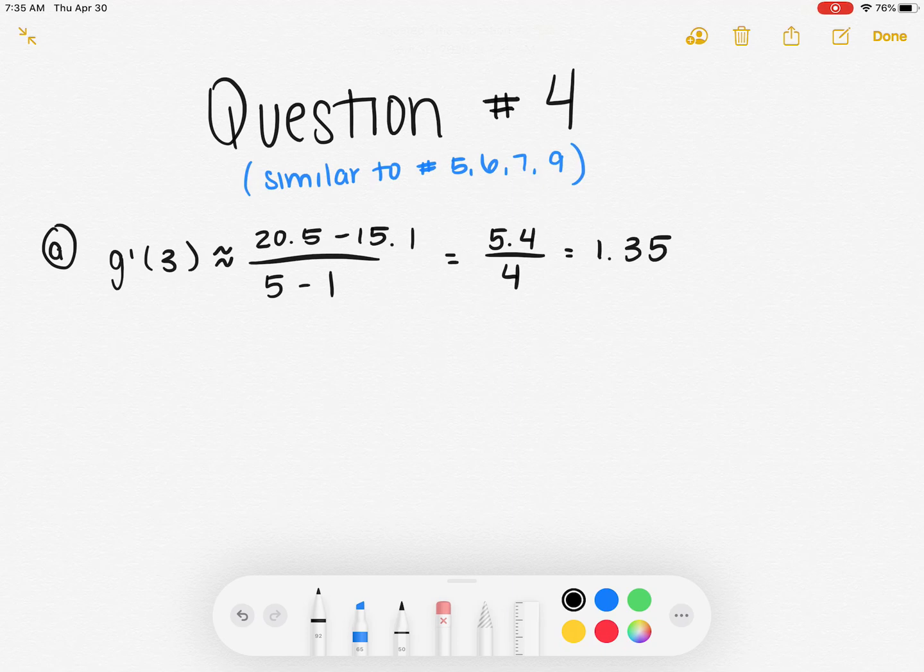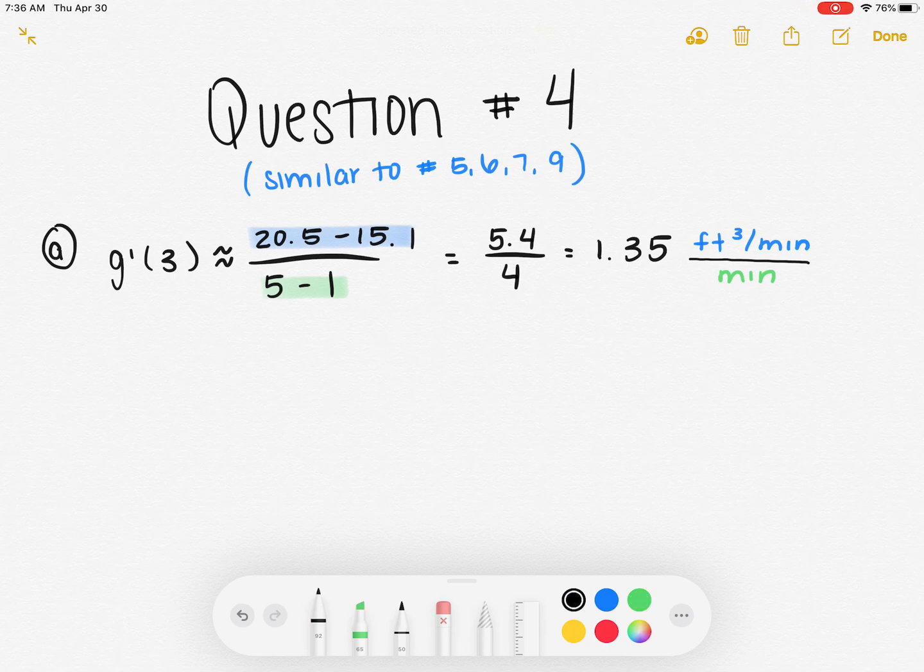Now it also asks me to use the correct units. So in order to know the units, I look back at the table and I say, okay, what were the units for 20 and 15? And I see that it says cubic feet per minute, so feet cubed per minute, over the units for 5 and 1, which were minutes.